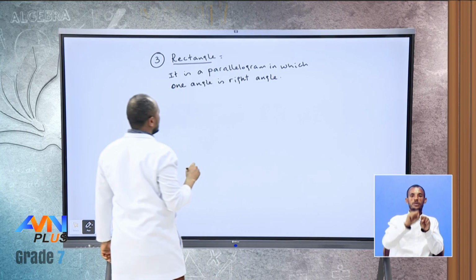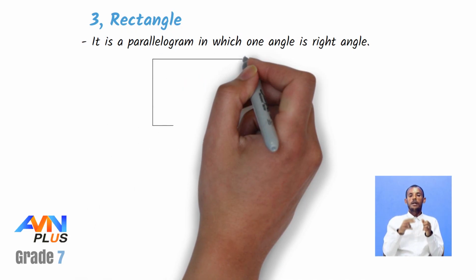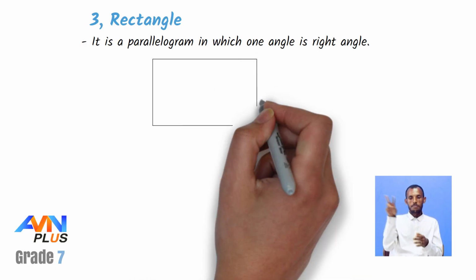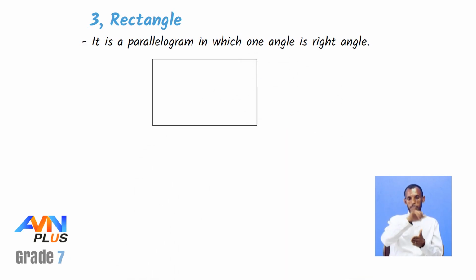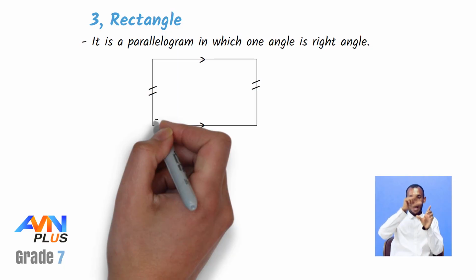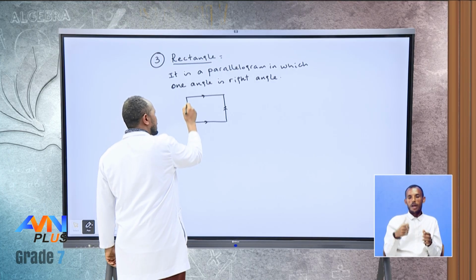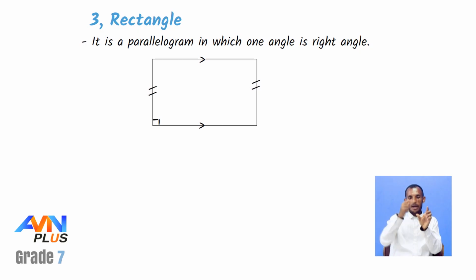So a rectangle has this form. It's a parallelogram. That means this side is parallel to this one, and again, this side is parallel to this one. But one angle is a right angle. This angle is right, which means this also is right, because consecutive angles are supplementary. If this is 90 degrees, this is also 90.